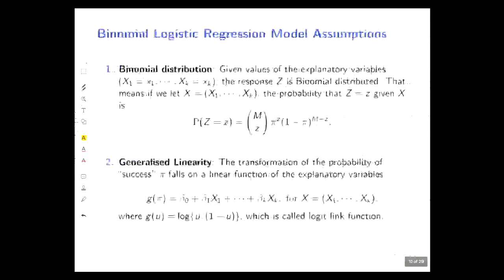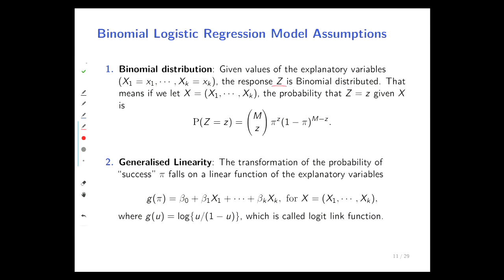And the first assumption for this model is that the response variable z, if you still remember, z is the binomial count. So we model the binomial count as binomially distributed.